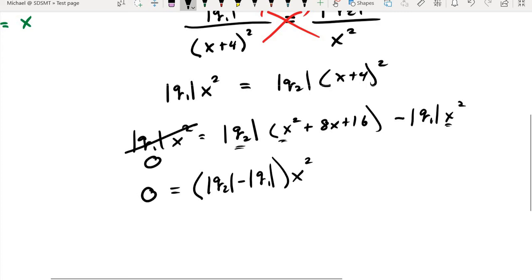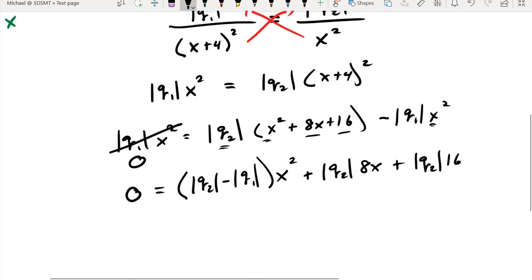But then I also have to have q2 multiplied against everything else that was inside that parenthesis set. So q2 8x plus q2 16.